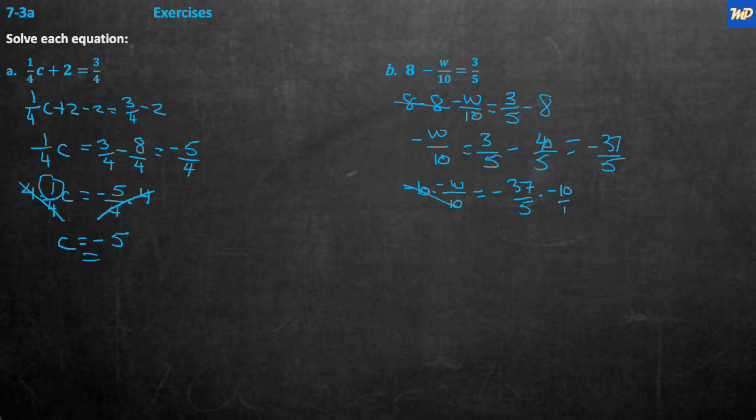So these 10s will cancel, and the negative signs cancel. So now we have W equals 370 divided by 5. And therefore W is equal to, what is that, 74? I think 74.